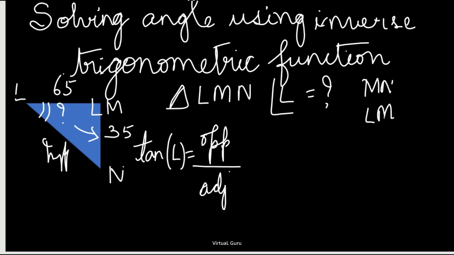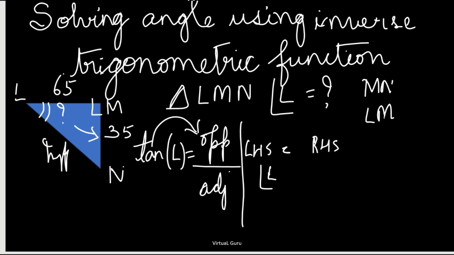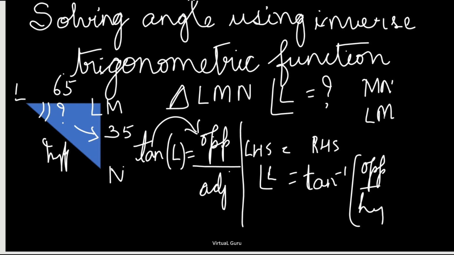We are going to bring tan to the right hand side, so what remains on the left hand side will be only angle L. Tan will become tan inverse, then whatever is remaining, opposite by adjacent, we have to write. So let me erase this part and proceed.